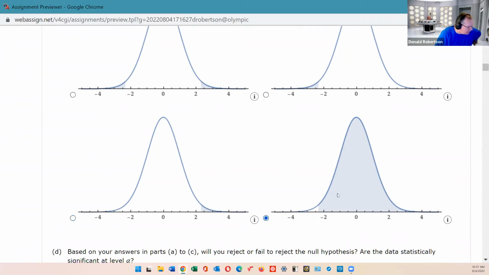So it's either going to be shaded on the outsides, on the left, or on the right. If it's shaded on both sides, that's a not equal to. If it's shaded on the left, you're trying to prove it's less than. And if it's shaded on the right, you're trying to prove it's greater than. So every one of those picture questions is going to look like that. Right. In our case, that one.